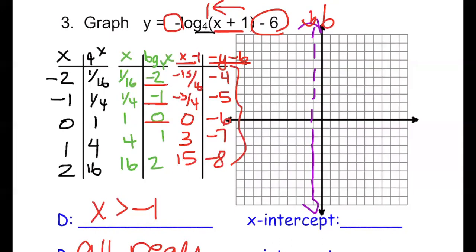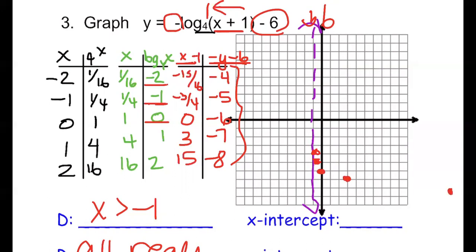Let's plot some points. All right, so -15/16 goes with -4. -3/4 goes with -5. 0 goes with -6. 3 goes down to -7. And 15 goes to -8.